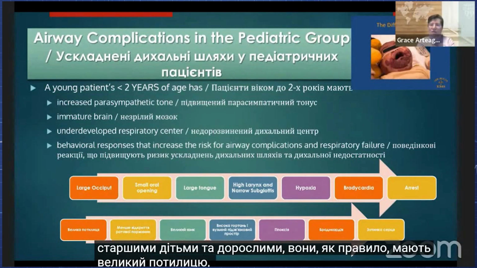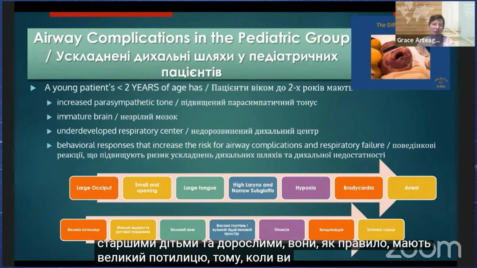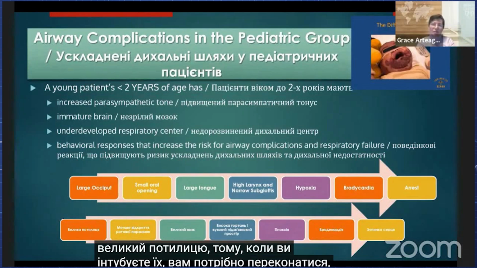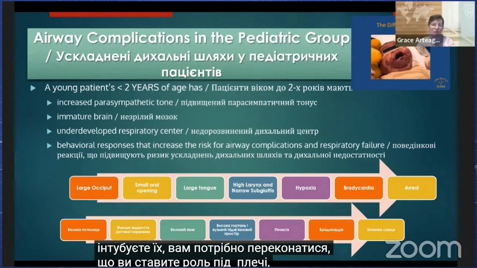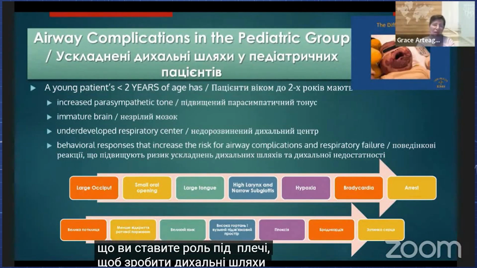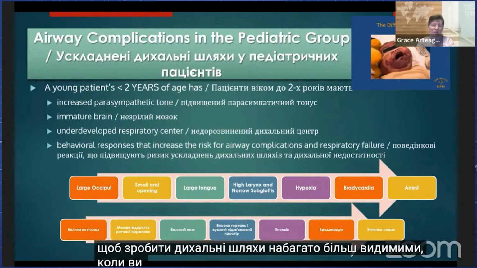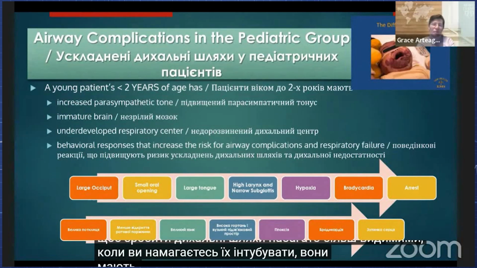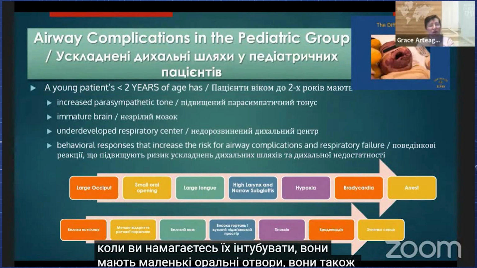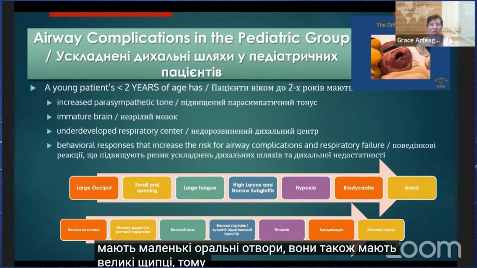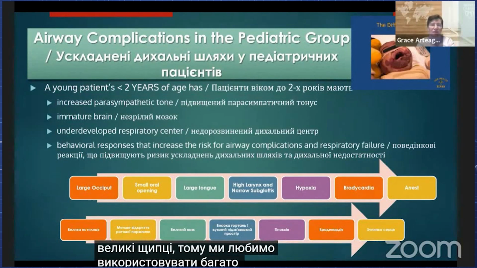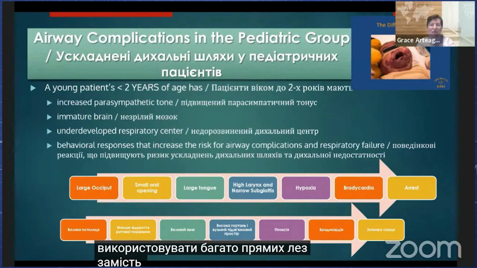They tend to have a large occiput. So when you're intubating them, you need to make sure that you put a roll under the shoulders to make the airway a lot more visible. They have small oral openings. They also have large tongues, so that's why we like to use a lot of the straight blades instead of the curved blades to intubate them.